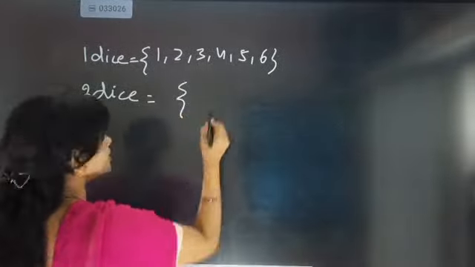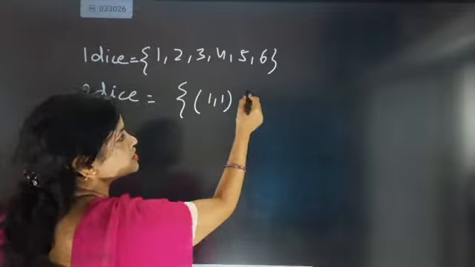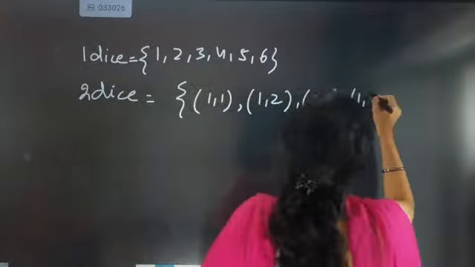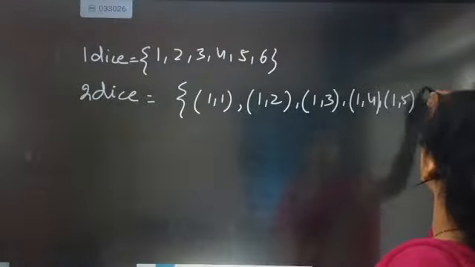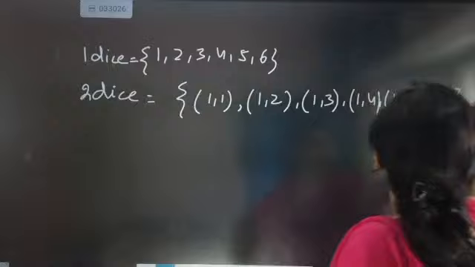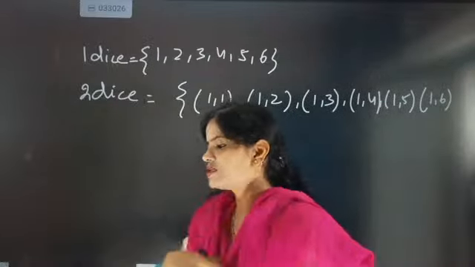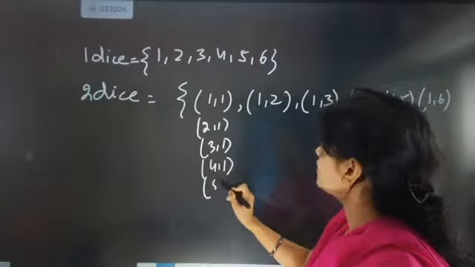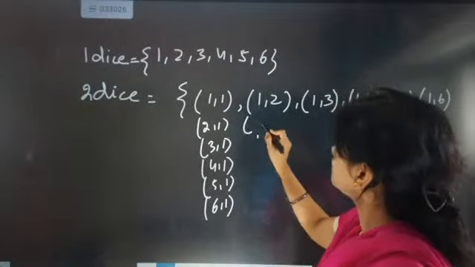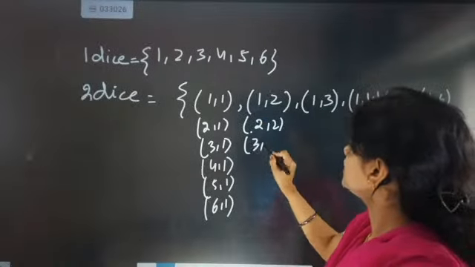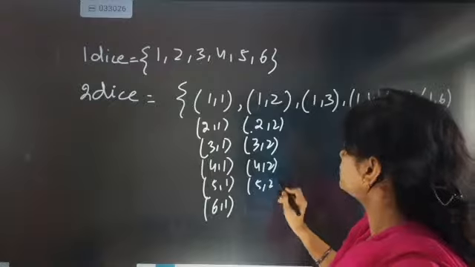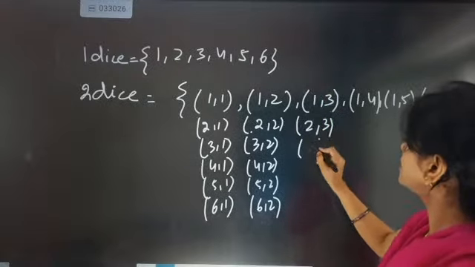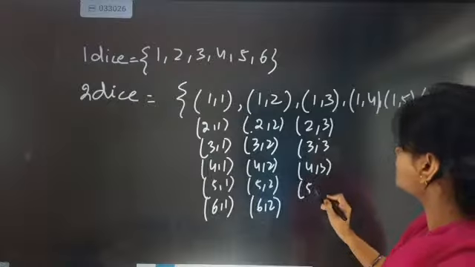Now look here. Possibilities are first dice first number, second dice first number, then first dice second number. Like this the numbers will keep on coming: 1 1, 1 2, 1 3, 1 4, 1 5, 1 6. So how many total sample space will be coming? 2 1, 3 1, 4 1, 5 1, 6 1. Now 2 2, 3 2, 4 2, 5 2, 6 2, and then 2 3, 3 3, 4 3, 5 3, 6 3.